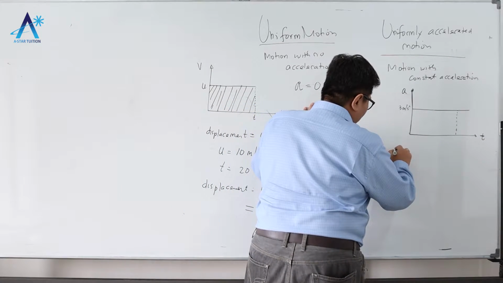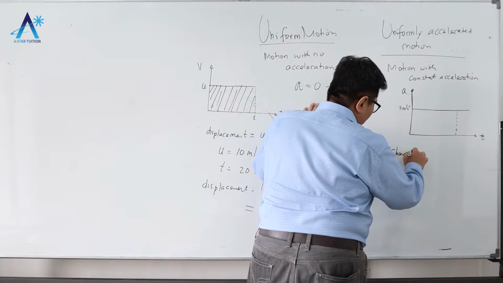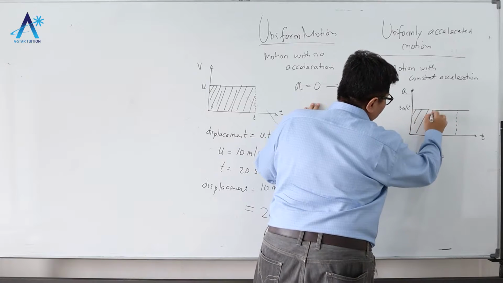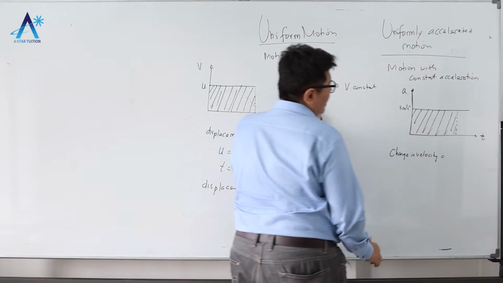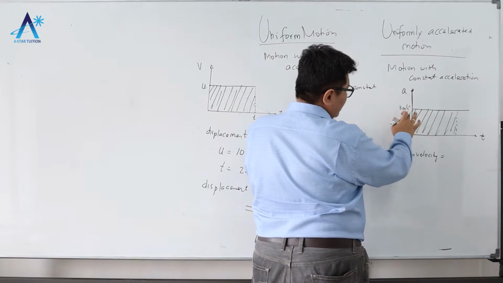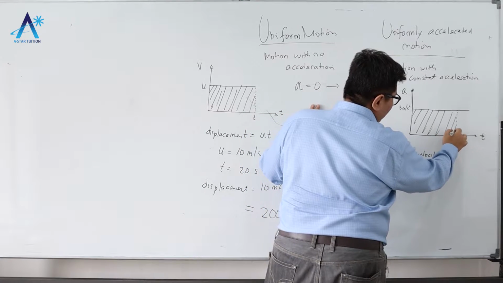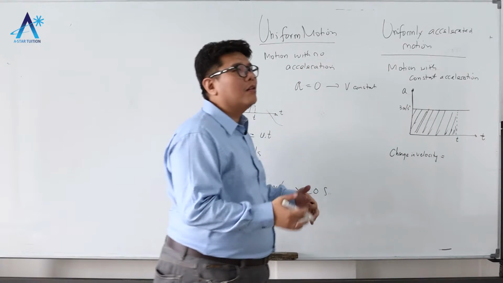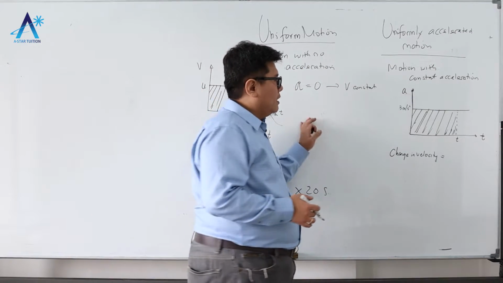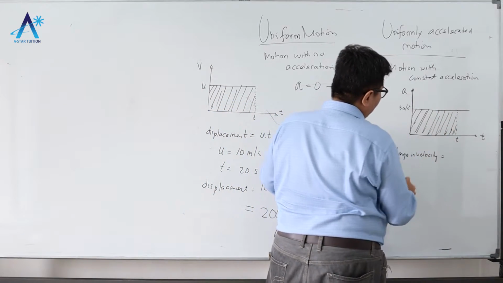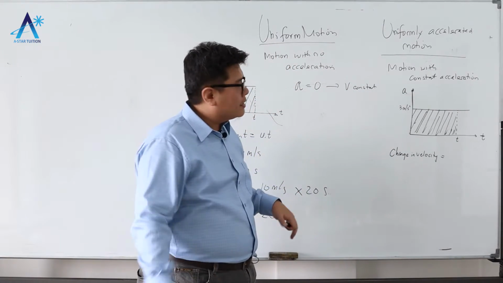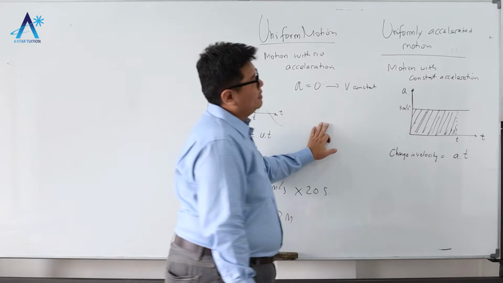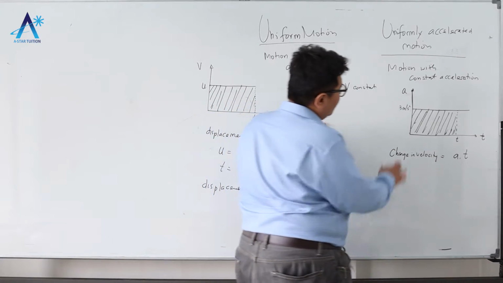So we say that the change in velocity in this case is the area, and the area is simply whatever the value of a is, multiplied by the elapsed time, so how long the time has gone by since the initial time. So this is a times t, because it's a rectangle again.